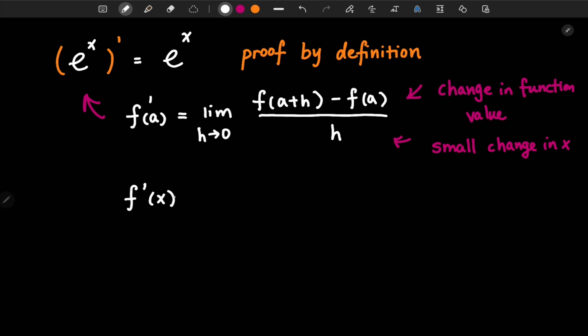of f of x is equal to the limit as h goes to 0 of e to the x plus h minus e to the x over h.